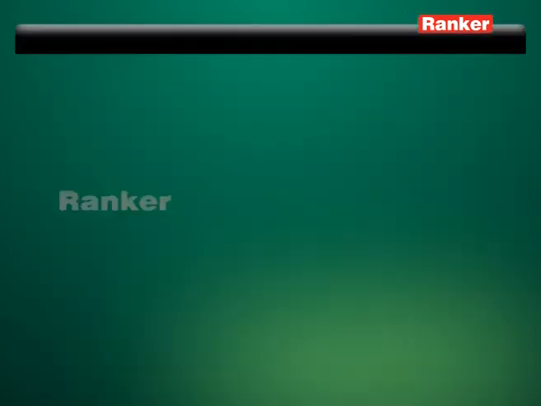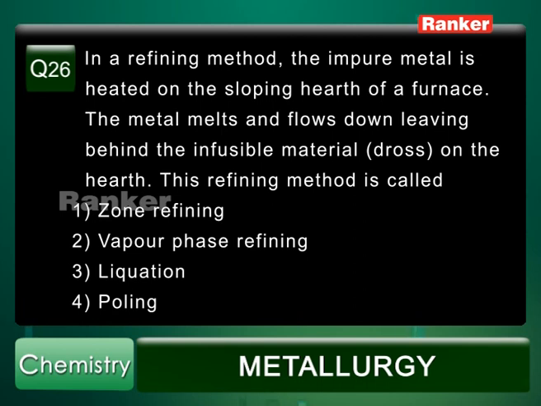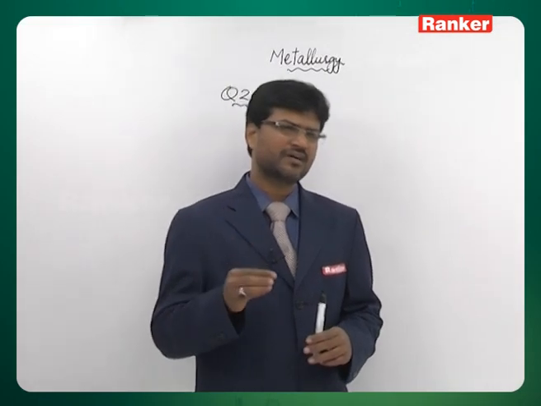Question number 26. In a refining method, the impure metal is heated on the sloping hearth of a furnace. The metal melts and flows down, leaving behind the infusible impurities on the hearth. This refining method is called option 1 zone refining, option 2 vapor phase refining, option 3 liquation, and option 4 poling. The correct answer is liquation. Liquation is a process where low melting metals are purified.